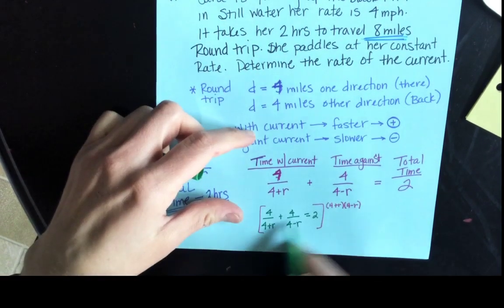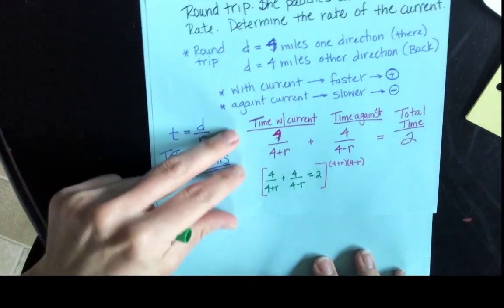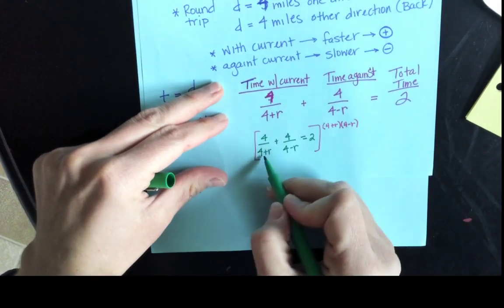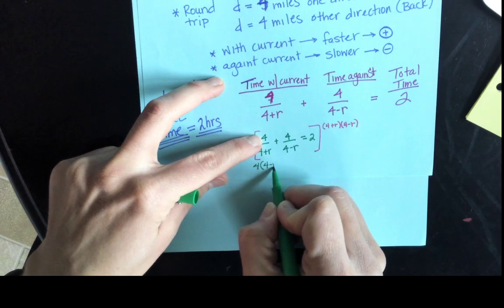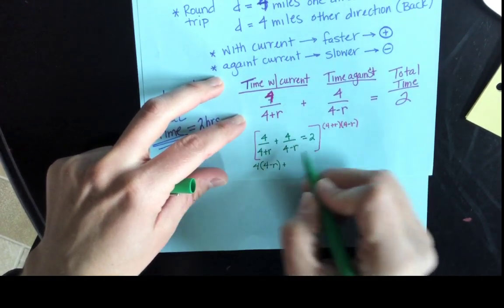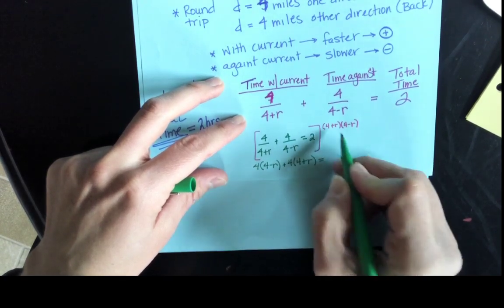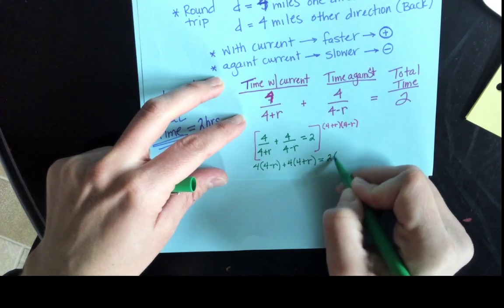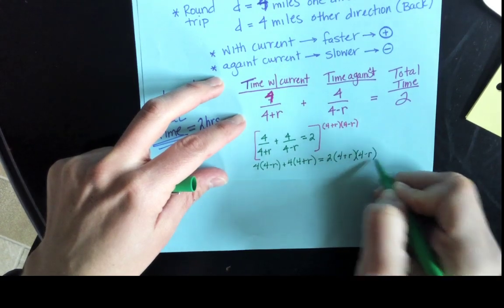So down here, we're going to end up canceling the 4 plus r's. So we're left with 4 times 4 minus r. And then we're going to cancel our 4 minus r's, and we have 4 times 4 plus r. However, over here, there's nothing to cancel, so we end up with what's going to be a quadratic for certain.